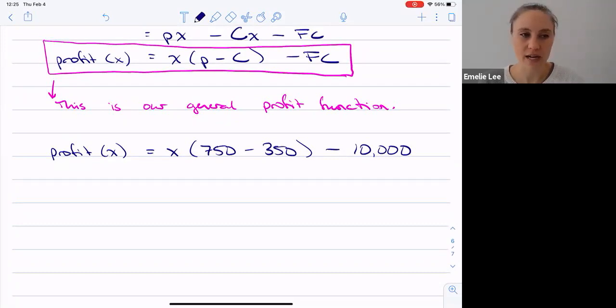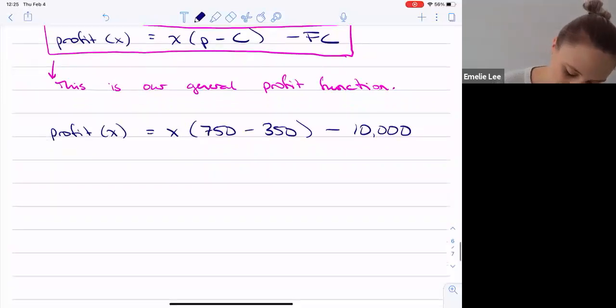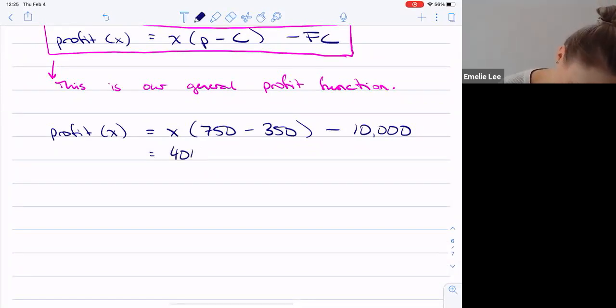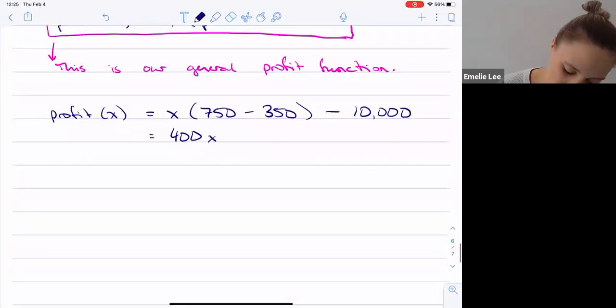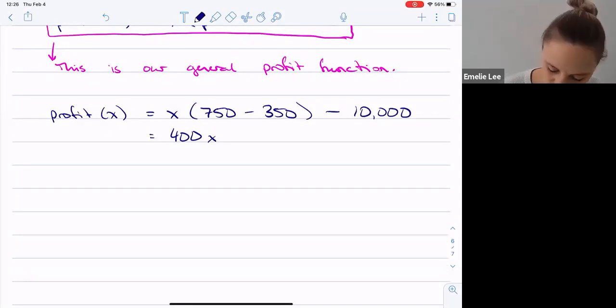Now I can simplify 750 minus 350. Should be 400, but I'm feeling a little, ugh. 750 minus 350 is 400, good. So then what I've got is I can say, okay, well, X times 400, I'm just gonna write it as 400X. Usually I like to have my X on the right-hand side if it's times a number.